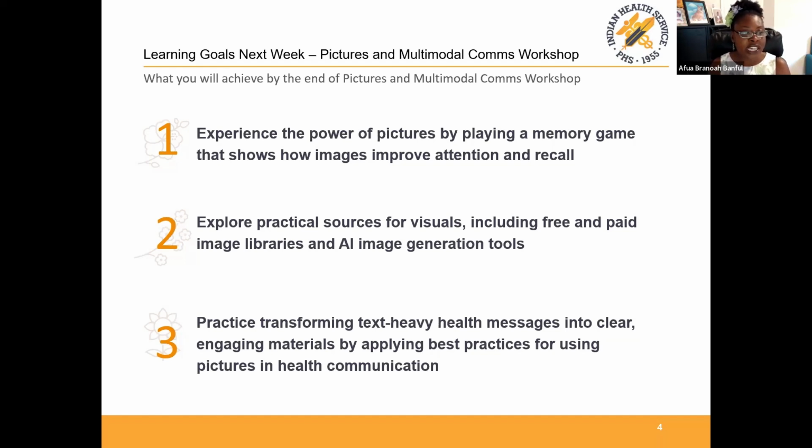Some of them are free, some of them free with a little bit of a burden of signing in and such. And then also using AI tools to generate your own image that you want for your own specific use cases, right? And then we'll do an exercise on turning a text-heavy message into something with pictures. So that is for next week.